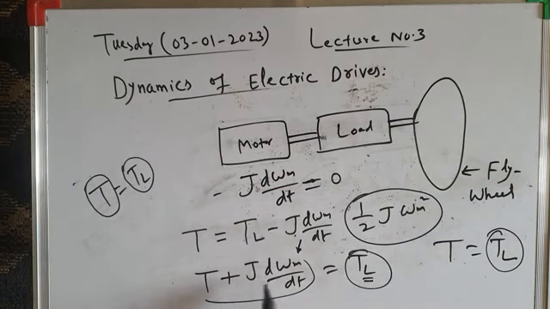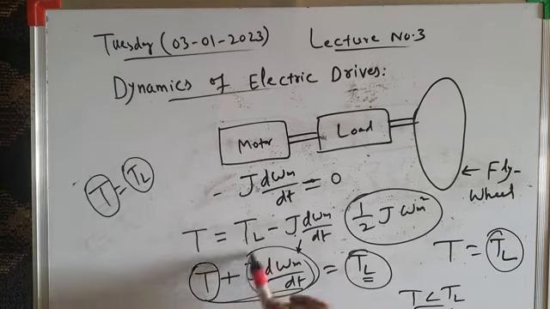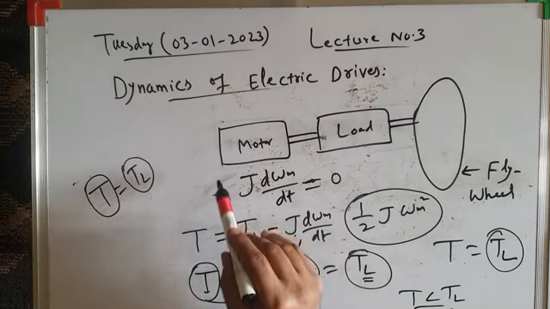So motor torque plus inertial torque becomes equal to load torque. Therefore the torque to be developed by the motor is not equal to load torque. It is less than load torque, because this torque adds to the motor torque and the sum of the two becomes equal to load torque. So this inertial torque helps us in reducing the rating of the motor.